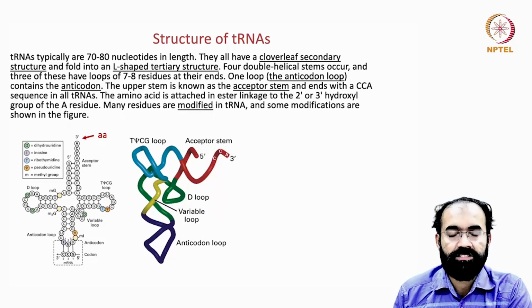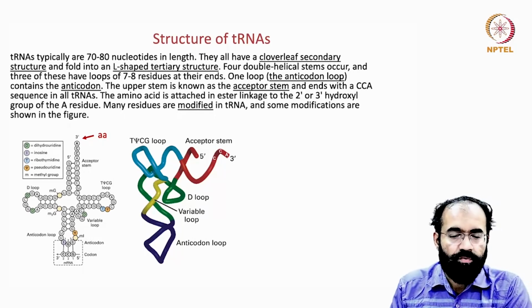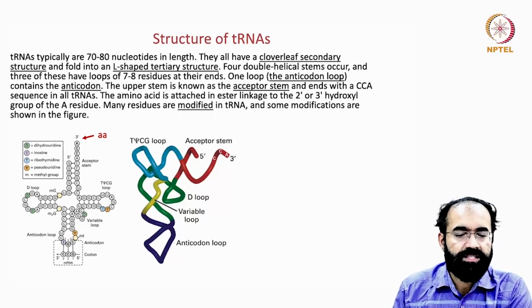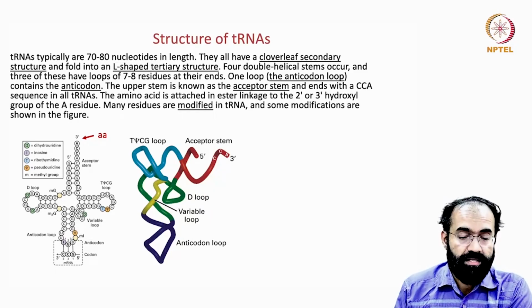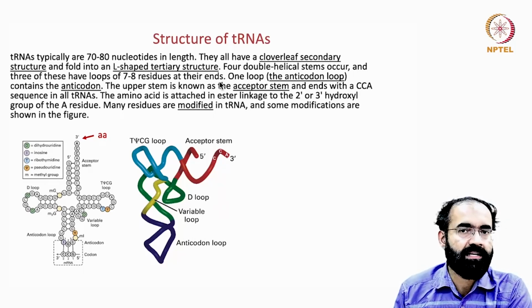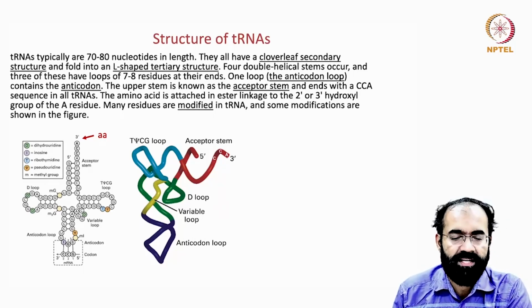Four double helical stems occur, and 3 of these have loops of 7 to 8 residues at their ends. And the CCA modification we discussed in earlier classes is a post-transcriptional modification. Every tRNA should have a CCA end at the 3' end.